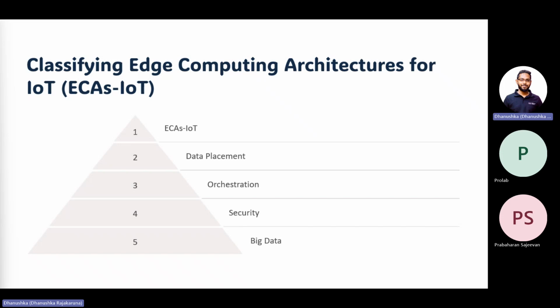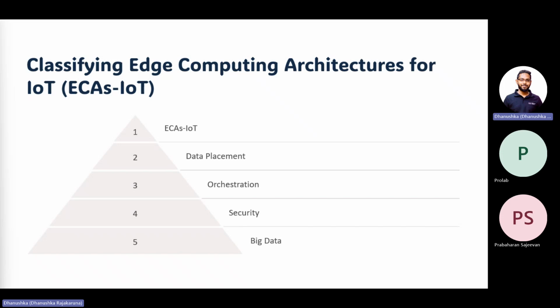Proactive edge architectures: predictive maintenance systems in factories. Batch processing architectures: energy usage analysis in smart grids. Stream processing architectures: traffic monitoring systems in smart cities.